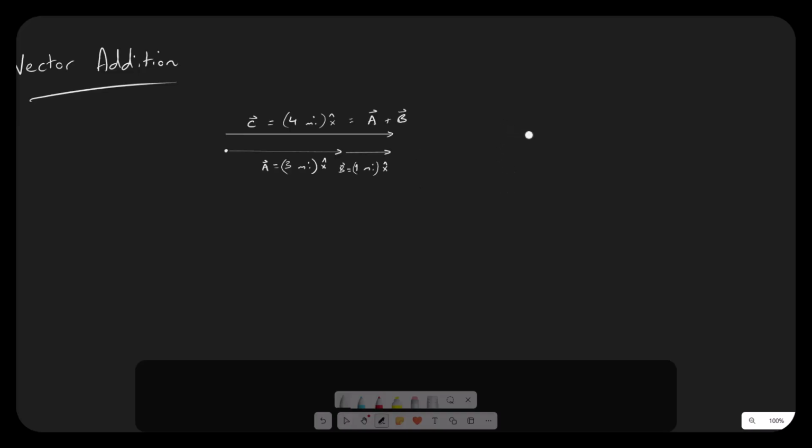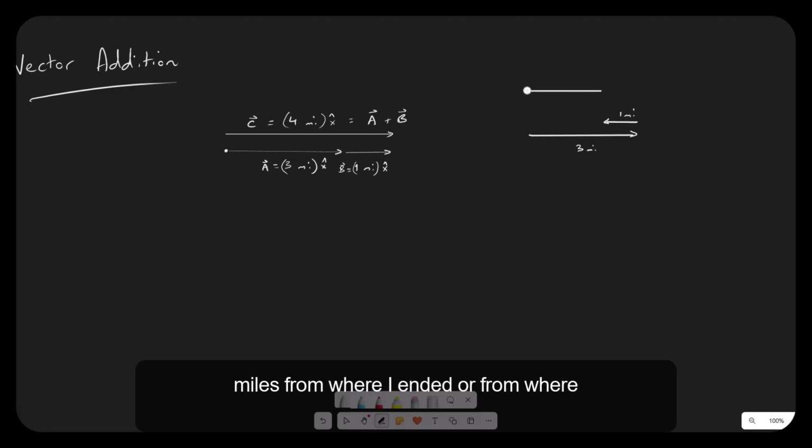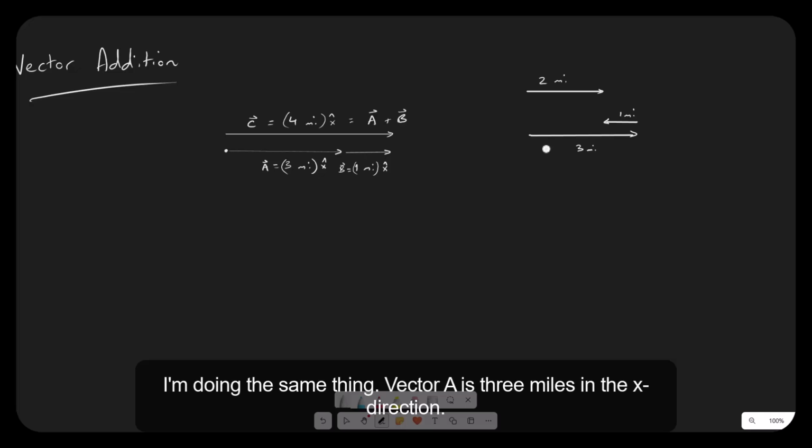If I walk 3 miles east and then I turn and walk 1 mile west, you would tell me I am 2 miles from where I started. And again, I'm doing the same thing.